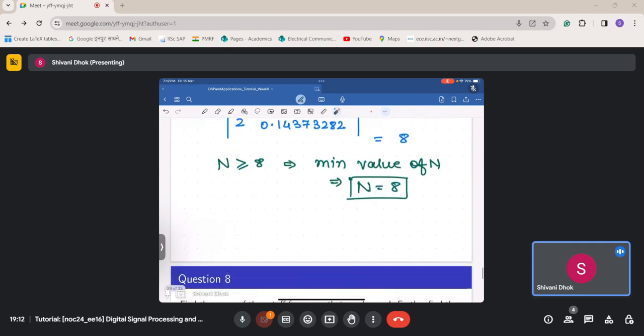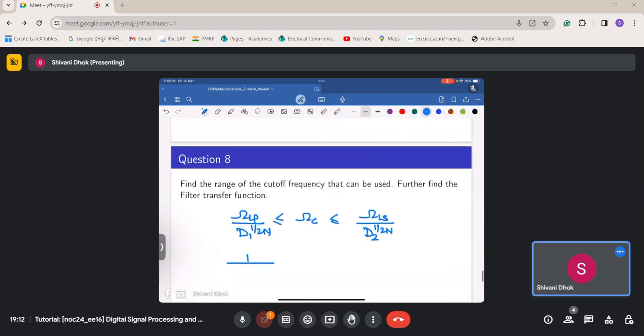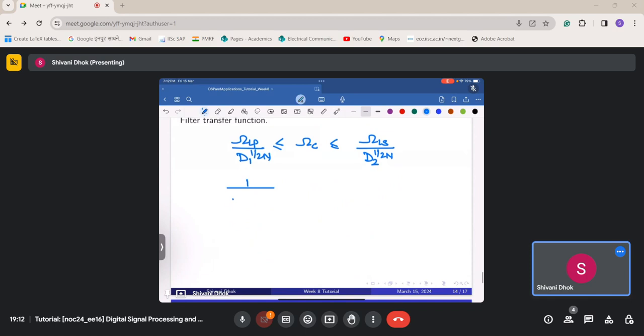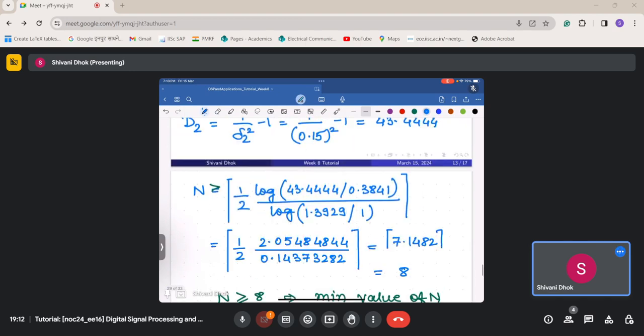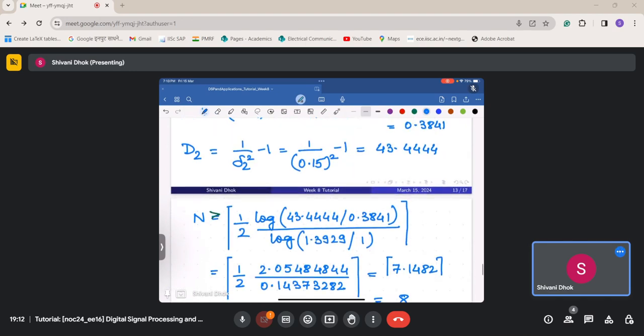So let me substitute here, to the power 1 by 2n, and 2n is 2 into 8, that is 16, which is less than or equal to omega c, which is less than or equal to omega ls we had found out as 1.3929 divided by d2. d2 we had found out as 43.4444.